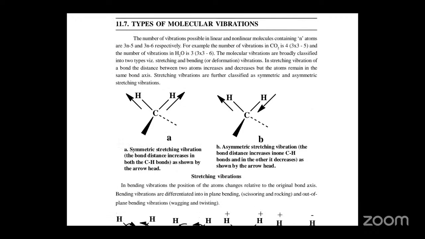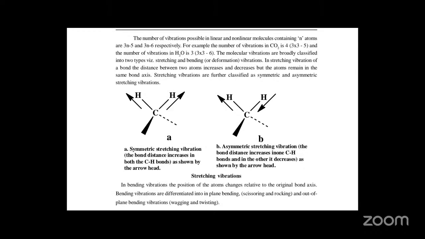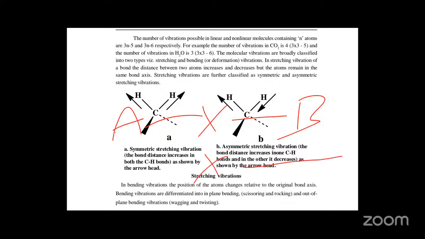Symmetrical means symmetry, where things are equal. For example, we have a central carbon atom with H1 and H2, and here X with atoms A and B. When it is stretching, B moves forward to some extent and A moves forward to some extent, with equal distance.